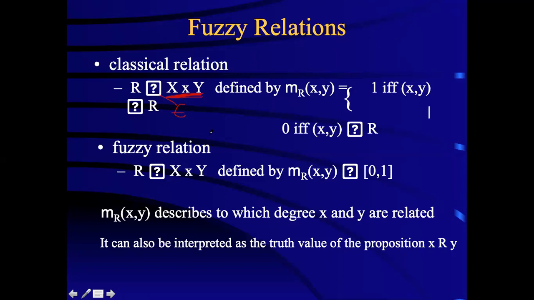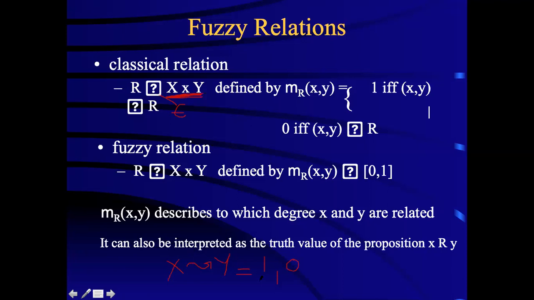ठीक है. तो फजी रिलेशन के अंदर what does this fuzzy relation mean? Okay, or let's first define what a standard relation would mean. Standard relation would mean that if X is related to Y, okay, then the output is 1, otherwise the output is 0.